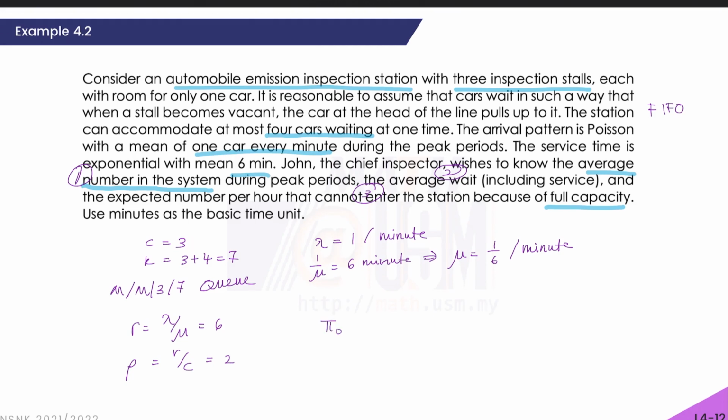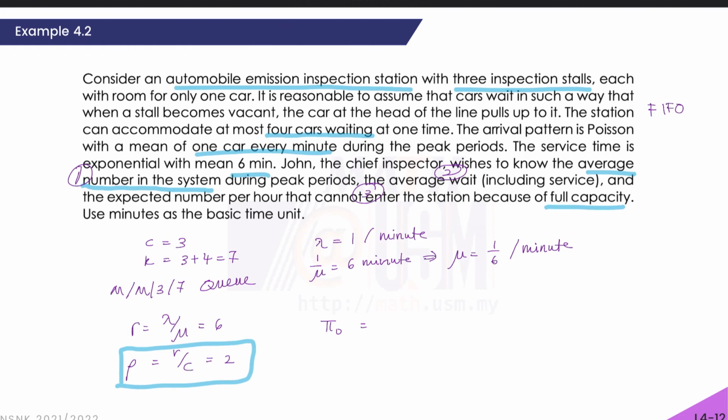Your rho here is not equal to 1, so please determine your pi naught. Only after you have your pi naught can you determine your measures of effectiveness or the probability of being in state i.